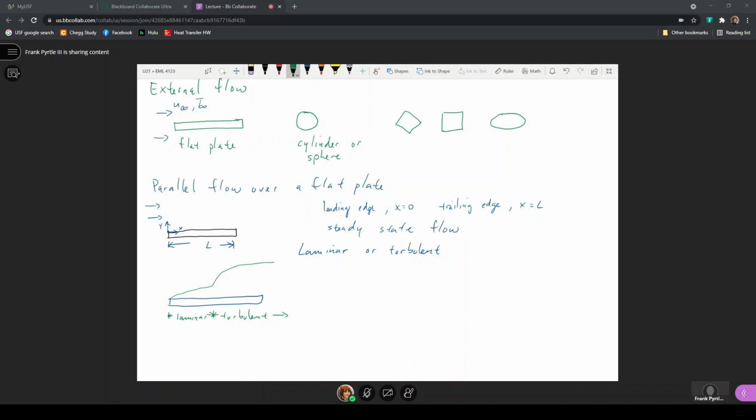Now, there is a transition region that actually exists physically, but for the purposes of calculation in this class, the flow will either be laminar or turbulent, such that this position here is what we call the transition point.